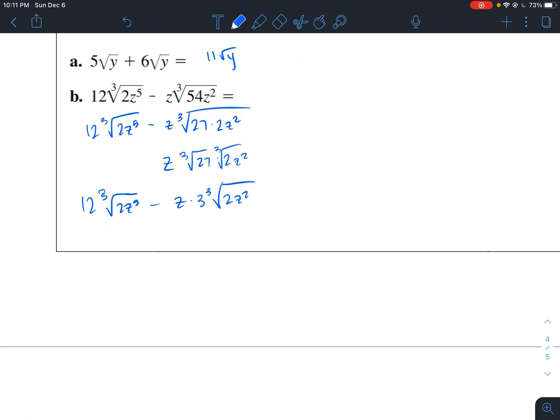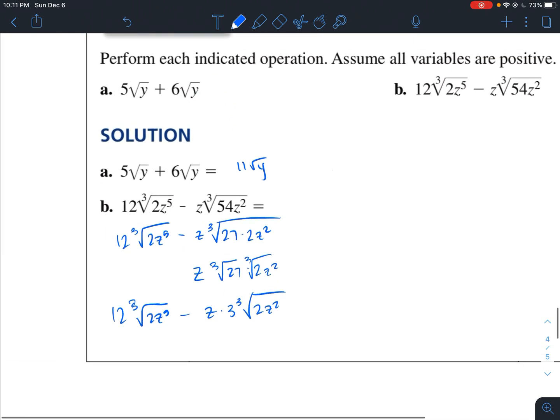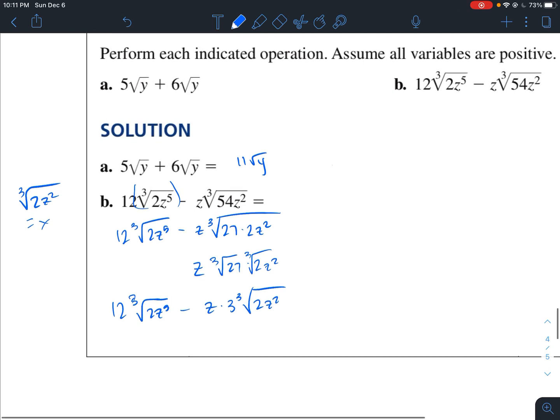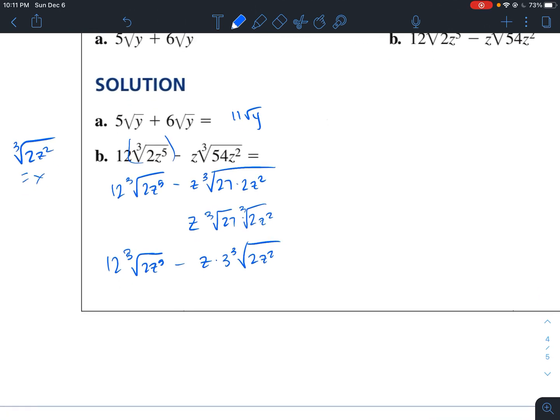If it helps you, it does me sometimes, what I'm trying to do here is envision the third root of 2z squared as if it were equal to x. I'm not quite there yet because, as you can see, I have z to the 5th power right there.